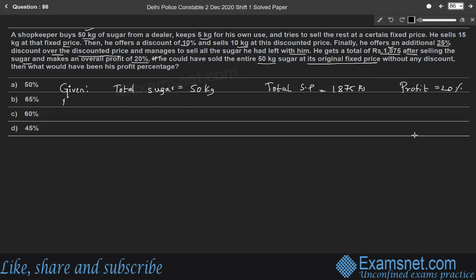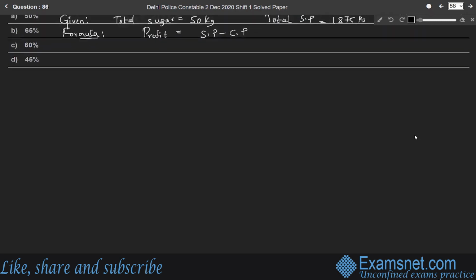So here we are using the formula of profit. Profit is equal to selling price minus cost price, right? So accordingly, profit percentage and selling price. So here, solution part.